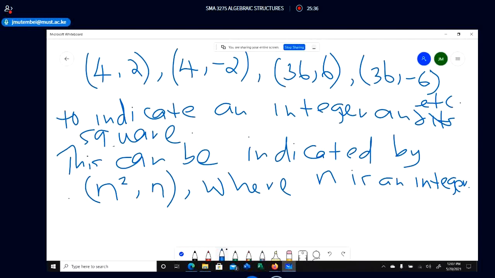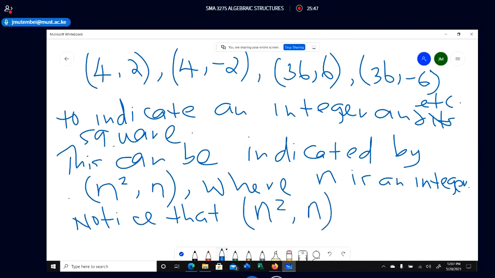So notice that this pair, n squared, n belongs to z cross z, the Cartesian product of the set of integers by itself, whereby the square of n is also another element of z, and n is an integer.